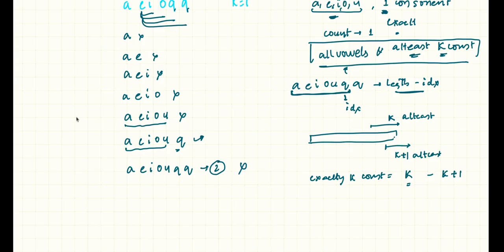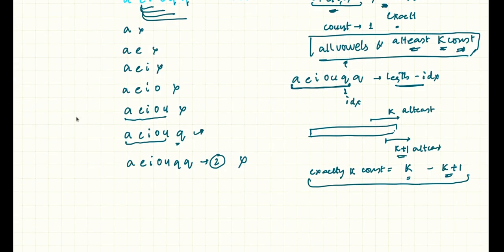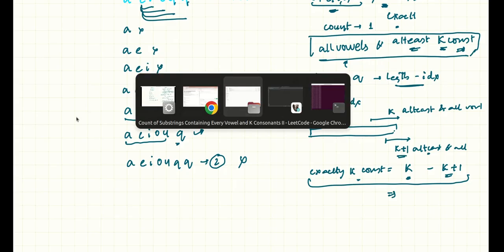So this is the idea. We relax our problem statement to have at least k consonants and identify the solution for it, and we also identify the answer for at least k plus 1 consonants and all vowels. Then we subtract the answers of both, and that gives us exactly k consonants.